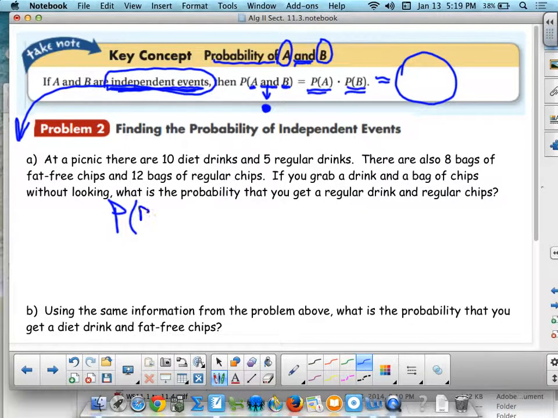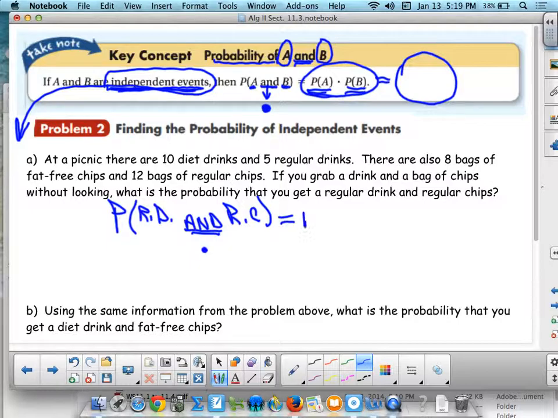It was a regular drink, so I'm going to go RD, and regular chips. The word "and" means to multiply your two probabilities. Regular drink and regular chips are independent events. They have nothing to do with each other. So this is just a simple follow the formula and see what you get.